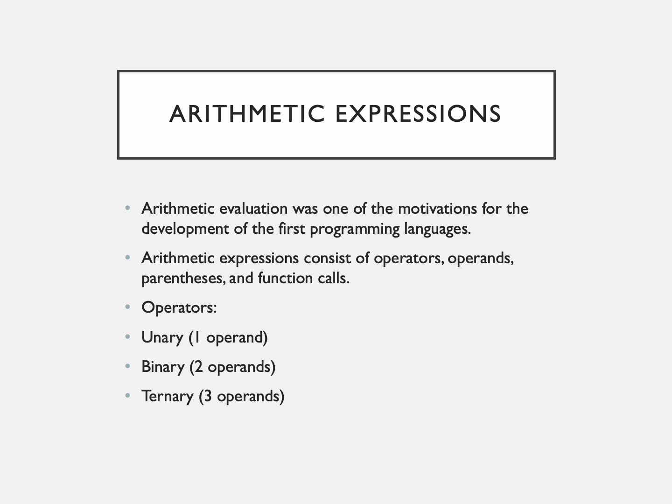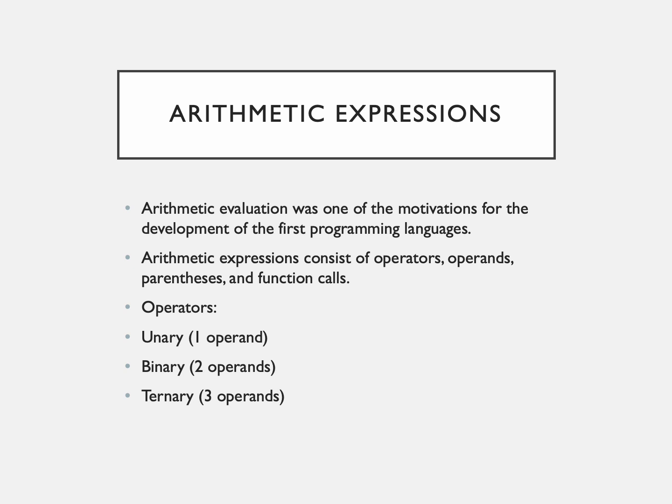Okay, now that we have introduced the significance of expressions in programming, let's learn about arithmetic expressions. Arithmetic evaluation was one of the primary motivations behind the development of early programming languages.